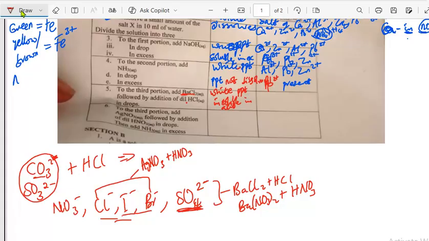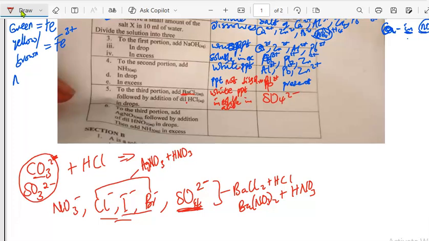So we are going to report white precipitate insoluble in the dilute acid. Then you report sulfate ion. If there is no white precipitate, you tell us sulfate ion absent. But if there is a white precipitate, even including the presence of acid, you say sulfate ion present.